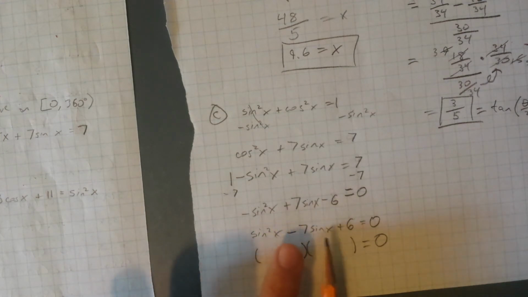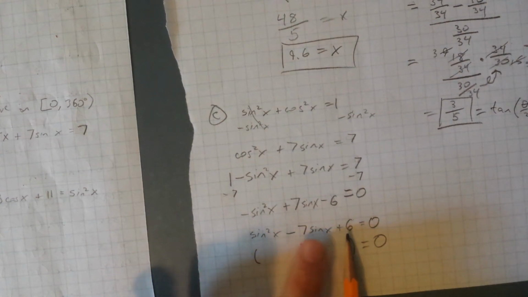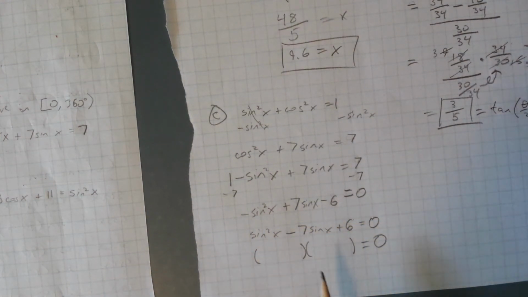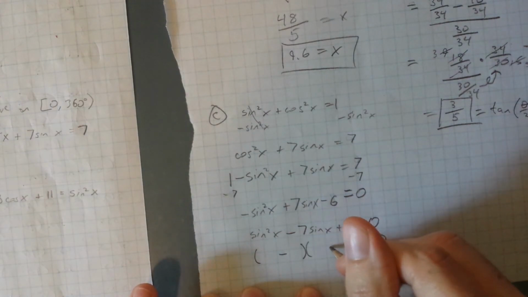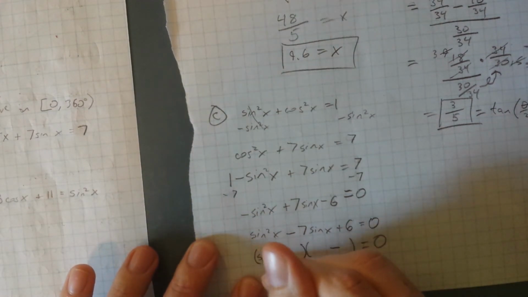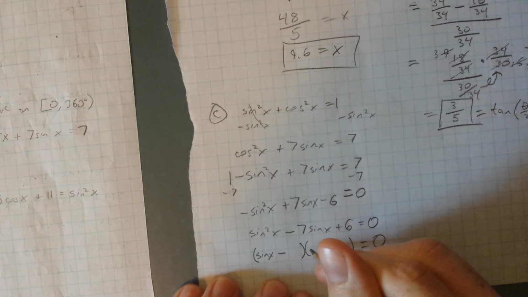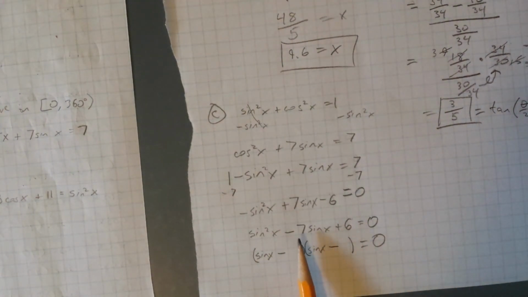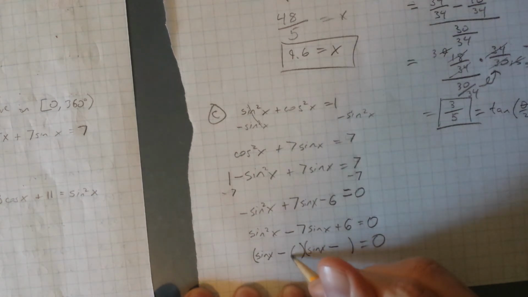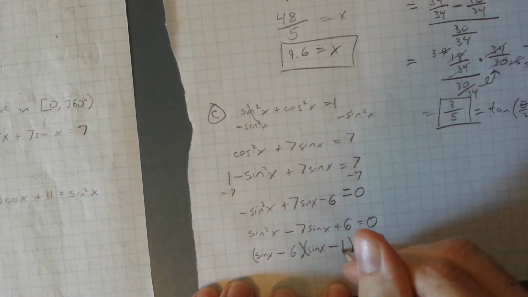So I need two numbers that multiply together to get 6, but add to get negative 7. So if they're going to multiply together to get a positive, but add to get a negative, I'm pretty sure that means they both need to be negative. So let's start there. And the only two numbers that would work in this case are negative 6 and negative 1.